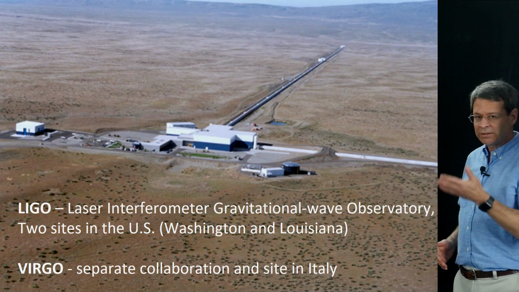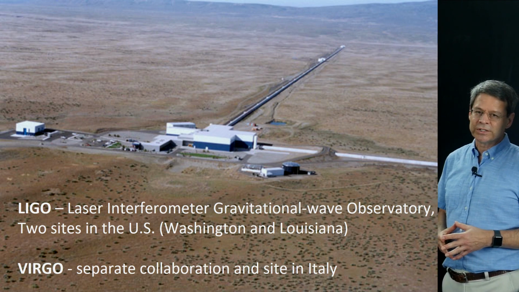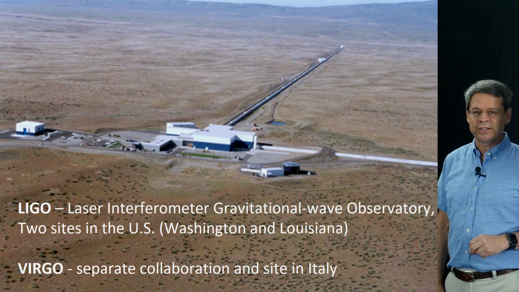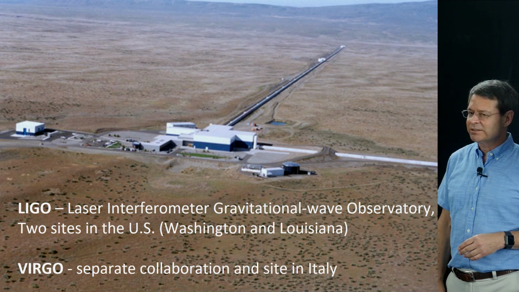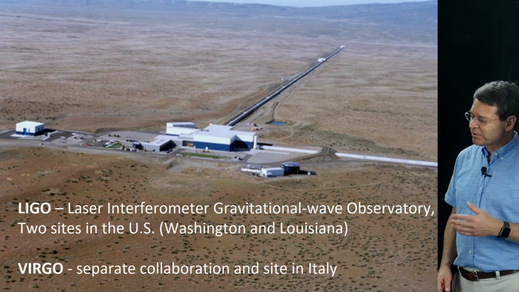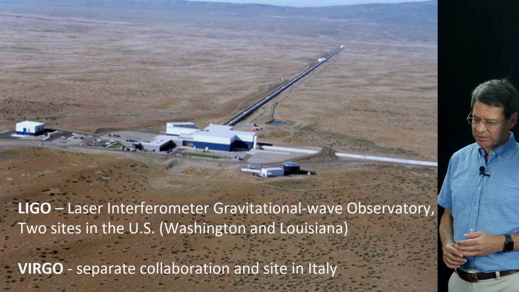Now, one such interferometer is LIGO, which stands for the Laser Interferometer Gravitational Wave Observatory. There are actually two sites in the US, one in Washington State in Hanford and one in Louisiana. But there's another collaboration known as Virgo that's in Italy, which also can make measurements.